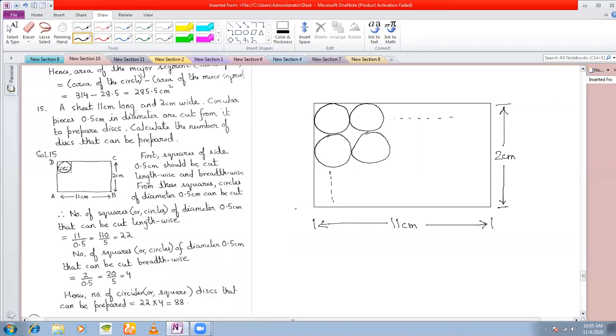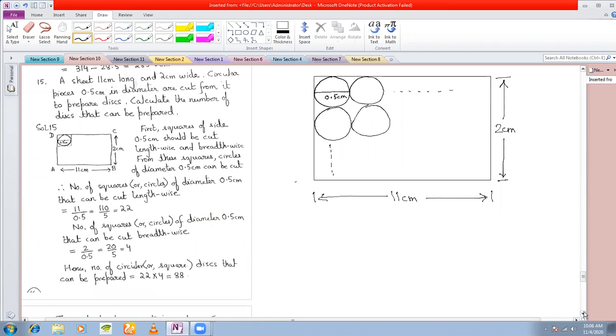So how many discs can you prepare from this? And the diameter of each of these discs is 0.5 centimeter.